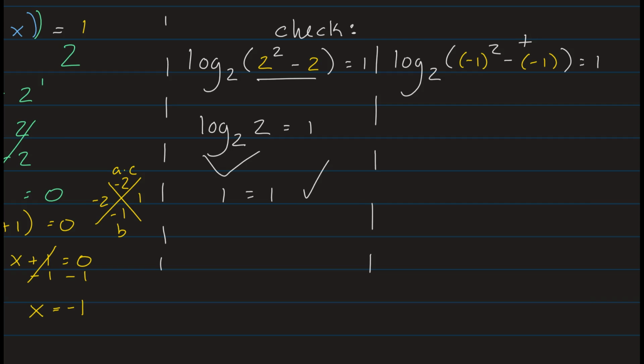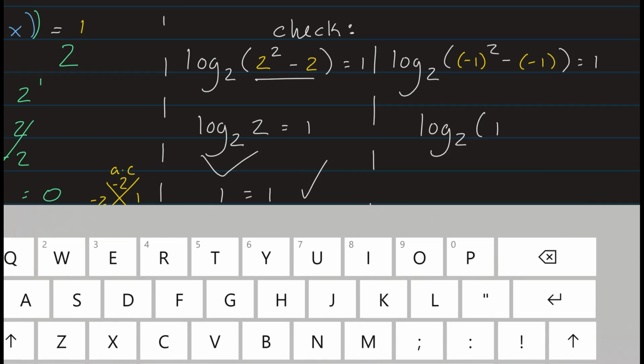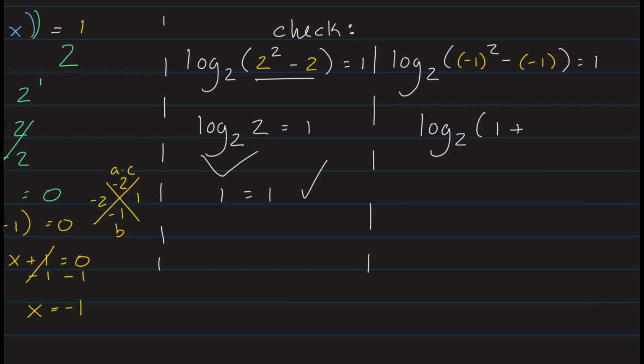Let me show that. Might be a little complicated. -1 squared is 1. Minus -1, that minus -1 turns into a plus 1. 1 plus 1 is 2.